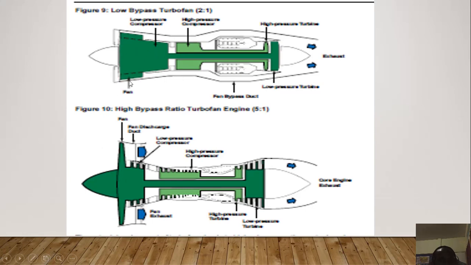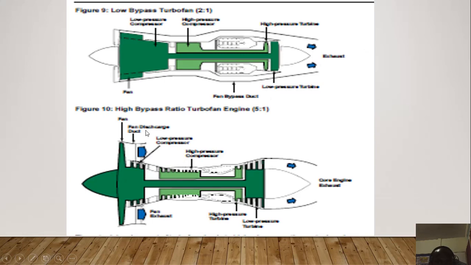So we can see its parts. This is a fan, this is a low pressure compressor, this is the high pressure compressor, then this is the high pressure turbine, this is the low pressure turbine. Okay, the ram bypass duct. So this is the fan bypass duct, then this is the exhaust.